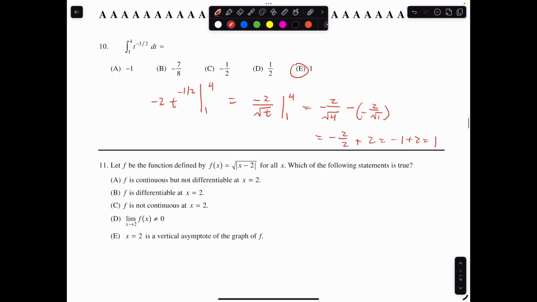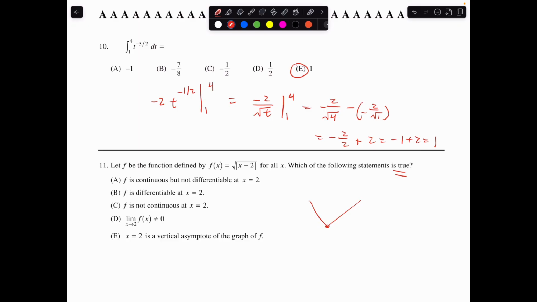All right, the function defined by blah for all x, which of the following statements is true? Okay, so for this one, you have to see which one it is. It seems I have an absolute value here, and normally for an absolute value you have a cusp, and that's going to be a problem.